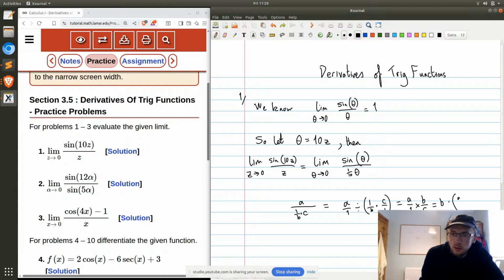Oh, yes, I thought so. Okay. And of course, A is sine of theta, B is 10, and C is theta, and therefore it's 10 times sine of theta over theta. All right, so just sometimes you doubt yourself. So I think it's just going to be 10 times that ordinary limit.